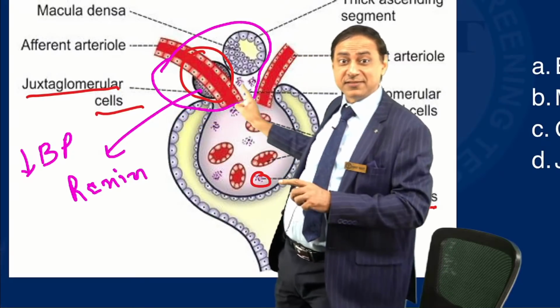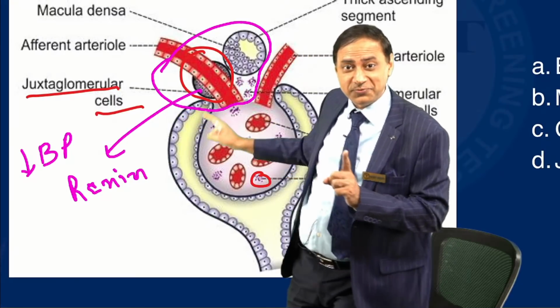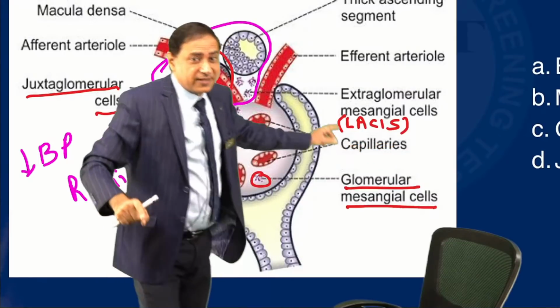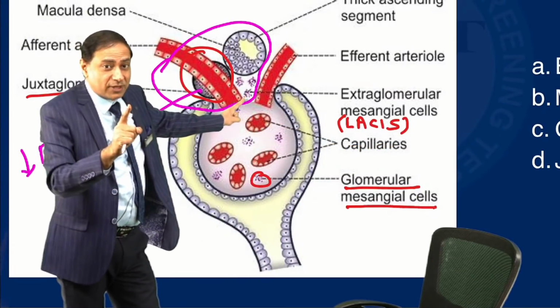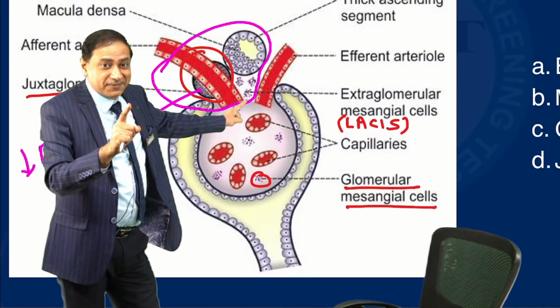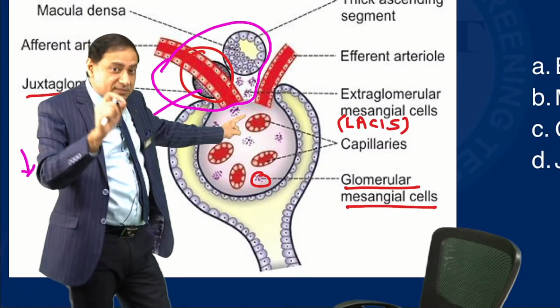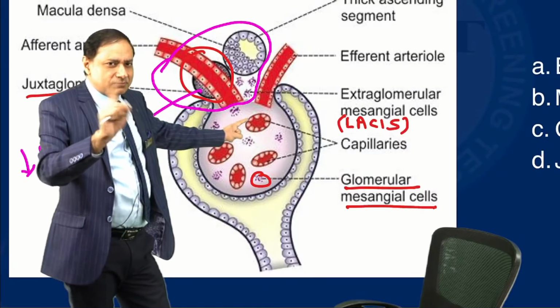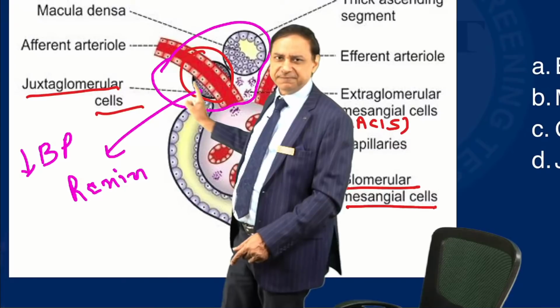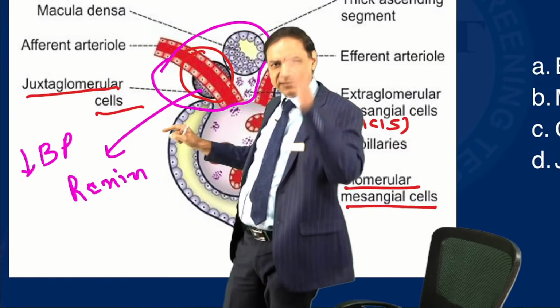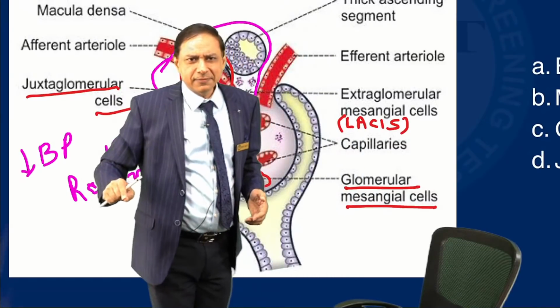The second choice can be Lacis cells also. Some renin is released from Lacis cells also. But first choice is JG cells. If this is not available, second choice I'll go for Lacis cells.